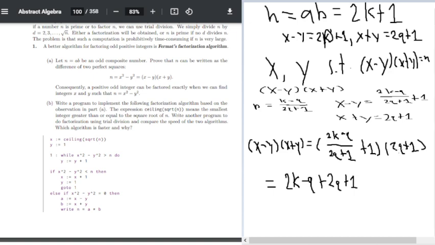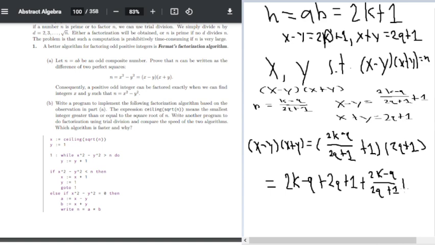So we distributed that, now we distribute that, plus 2k minus q over 2q plus 1. We add 1 to that, plus 1.